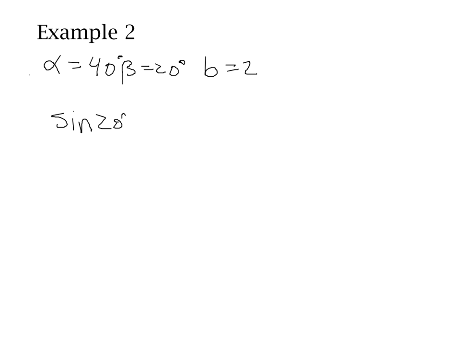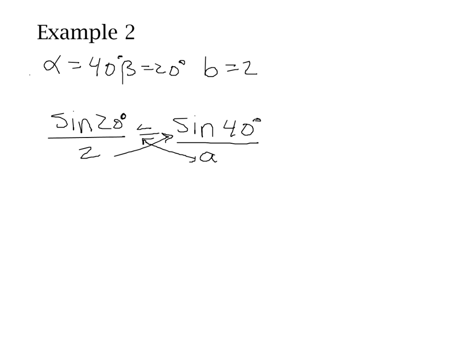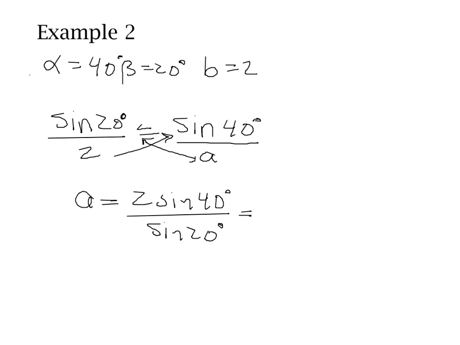So I set up sine beta, which is 20, over B is equal to sine 40, sine alpha over A, so sine 40 over A. Do the same thing as before, cross multiply, and I get A equals 2 sine 40 over sine 20. And that gives me 3.76.